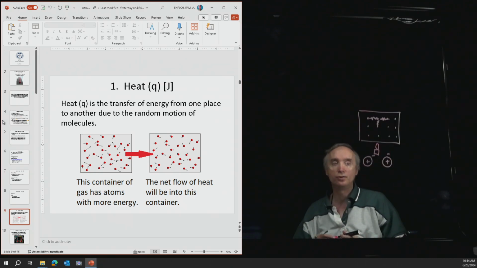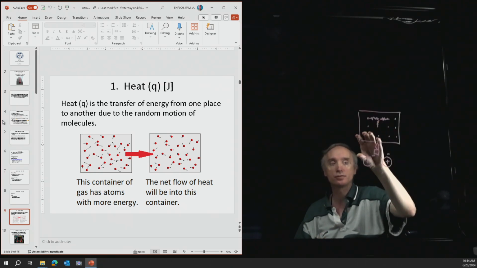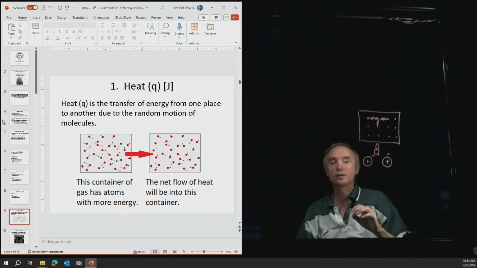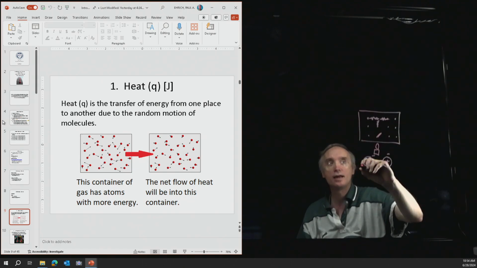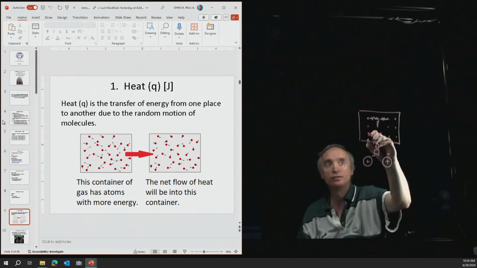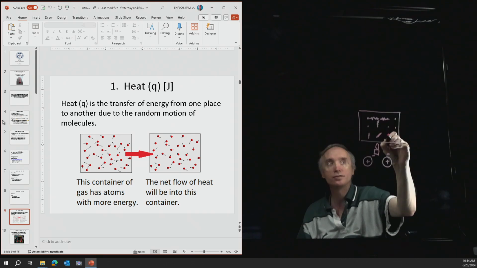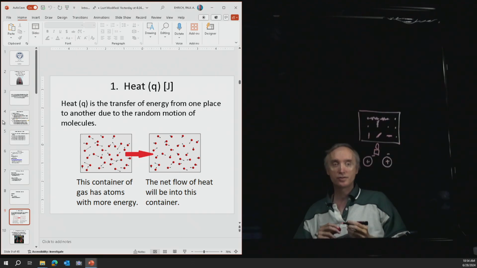What it's going to do is make these atoms start to move, but they're going to be moving in completely random directions. So maybe this atom is going to start to vibrate like this, and then this one is going to start to vibrate like this, and maybe this one over here is going to start to vibrate like this. So you notice it's random vibrations.